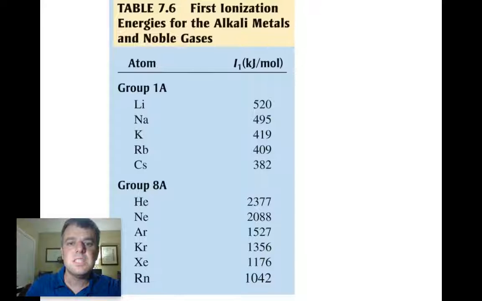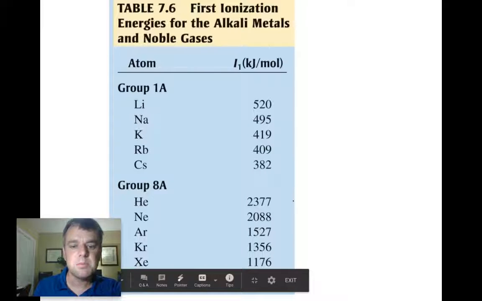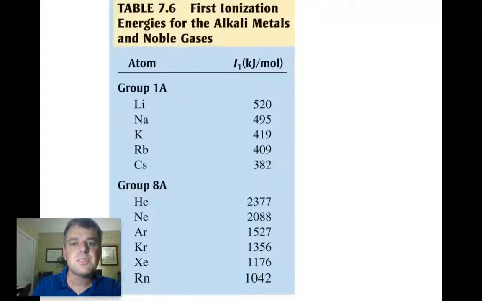You can see it decreases as you go down the periodic table from lithium to sodium to potassium to rubidium to cesium. And then if we look at group 18, the noble gases, these are tremendously higher values. For instance, helium, it's 2,377 kilojoules per mole versus lithium's 520. So tremendously higher.